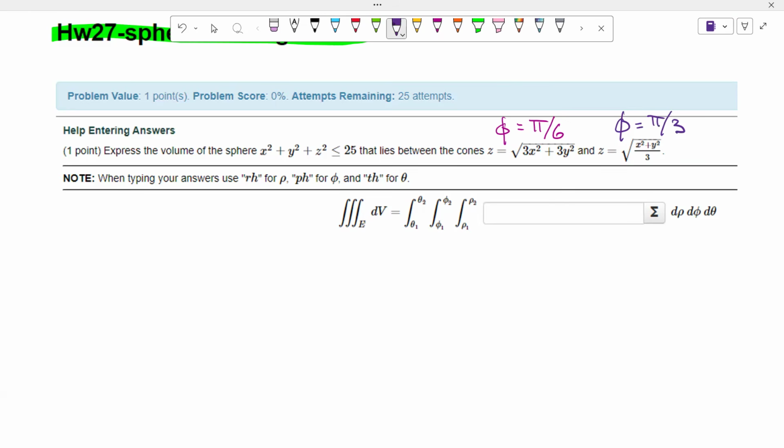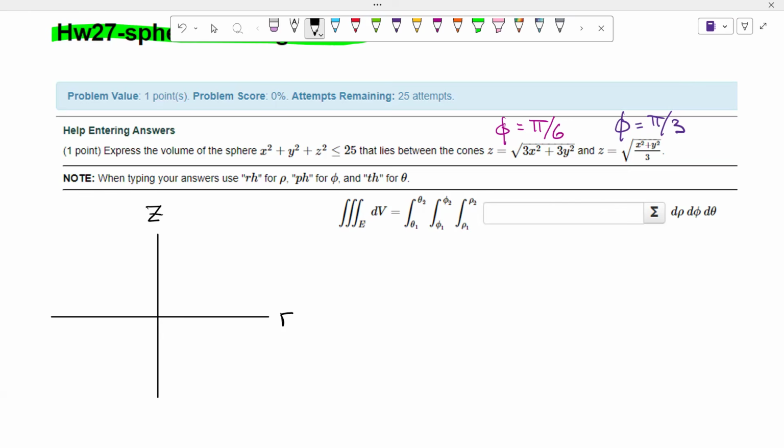So probably one of the things that I should do here is sketch what this looks like in the ZR plane. That's usually helpful. Put Z up there, R right there. R can represent the x-axis or the y-axis or anything in between because there won't be any theta dependency on this shape.